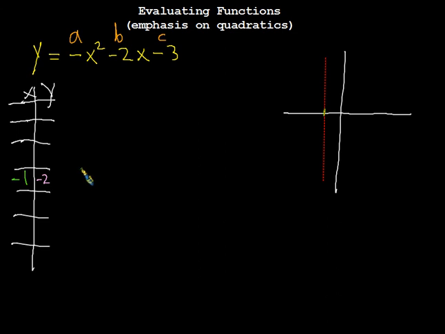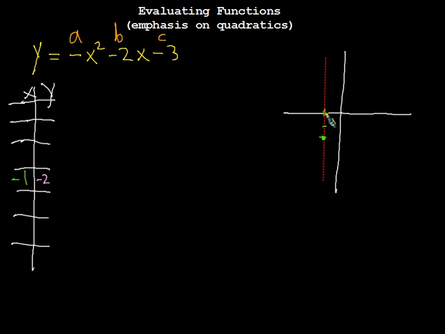Now, once we've determined the vertex of our quadratic function, or our parabola, we can then pick x values on either side of our vertex. In other words, okay, we know that our vertex is at about right here. So what we're looking at, this is an x value, -1.